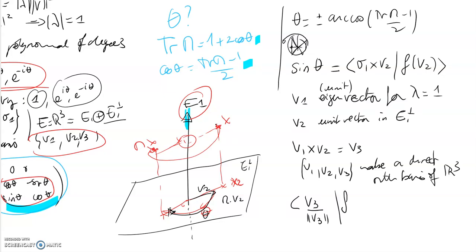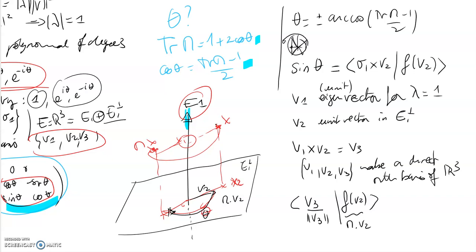You calculate F of V2 by computing the effect of matrix M on the unit vector V2 that you have chosen. V2 belongs to E1 orthogonal, so when you apply M you're getting the rotation.